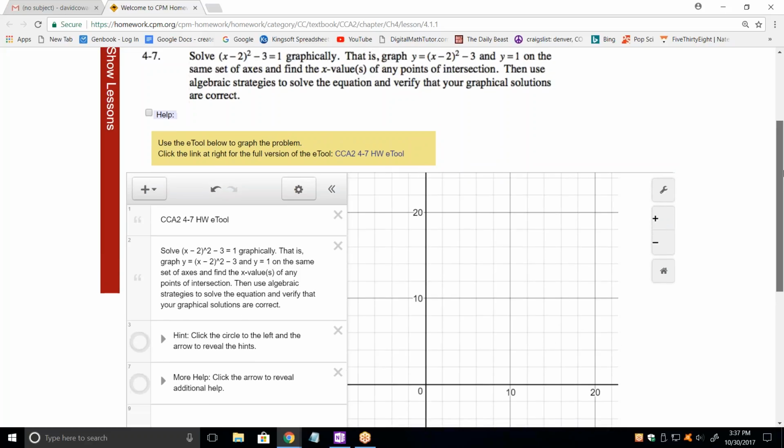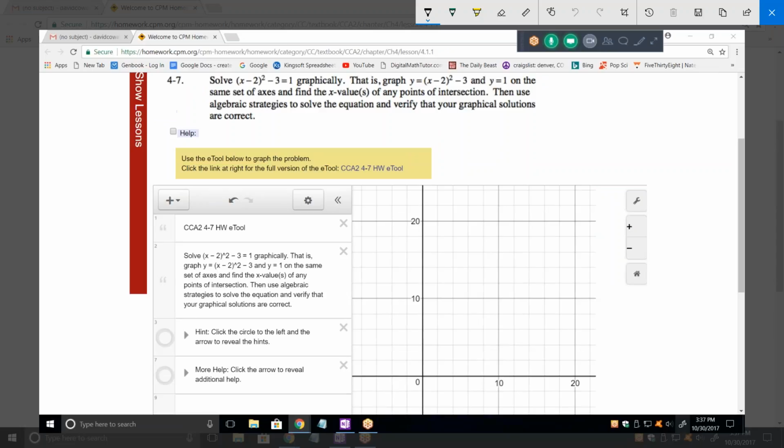Here's the standard format of the vertex. Let me write that. Once you know the standard format, then you can always figure out the other stuff. Here's the standard vertex format for a quadratic or a parabola.